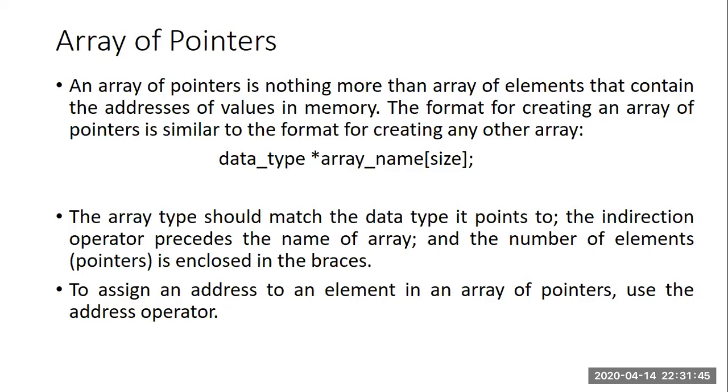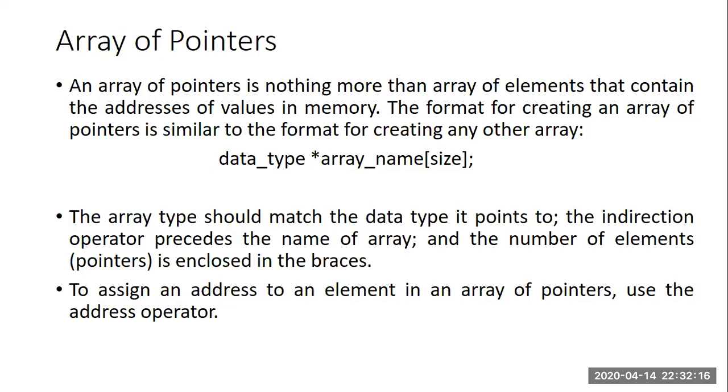So what is an array of pointers? We can define it this way: it is an array where each and every element of that array is basically a pointer, that means a variable which can store the address of another variable.